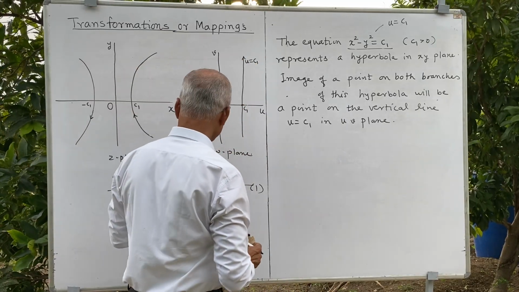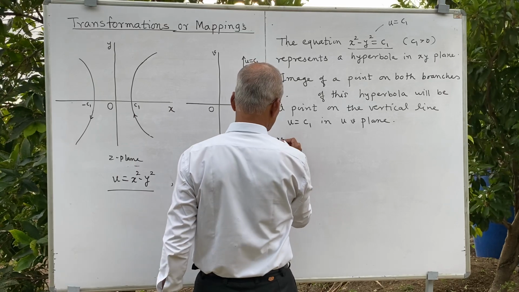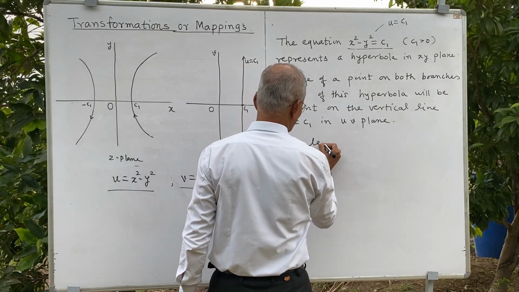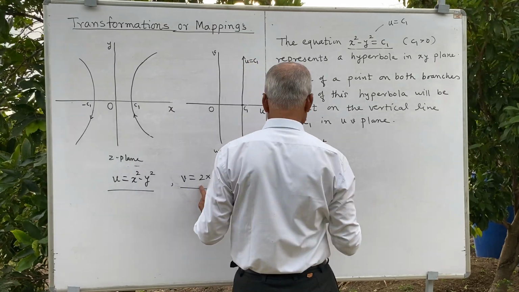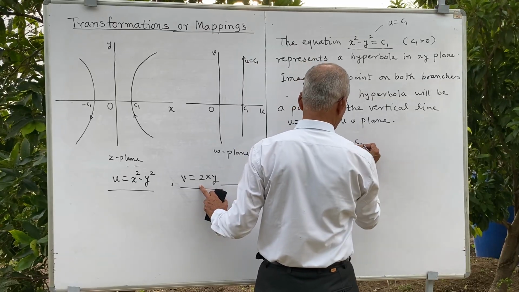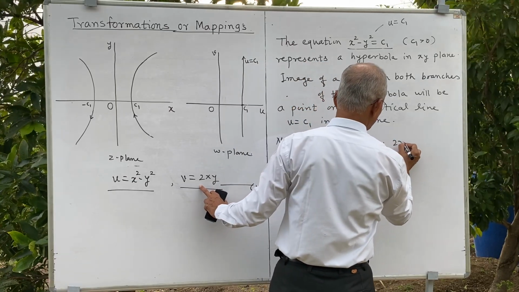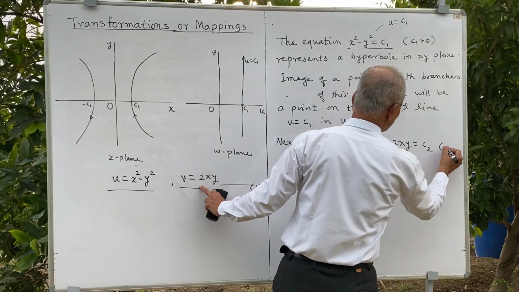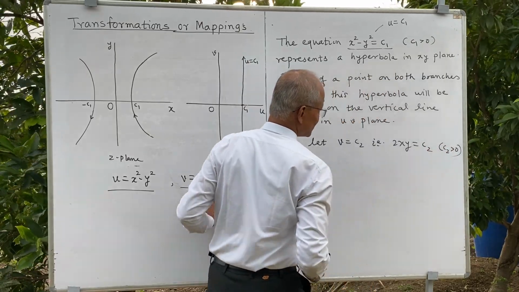Now, what happens for this next? Let this v is equal to c2, that is 2xy is equal to c2. Again we shall assume c2 is greater than 0.